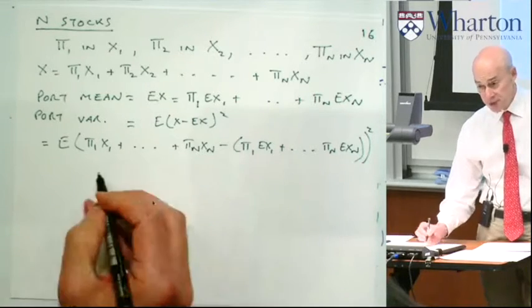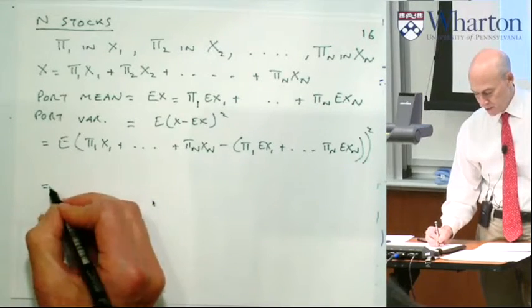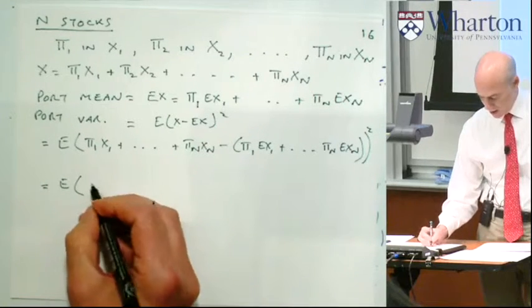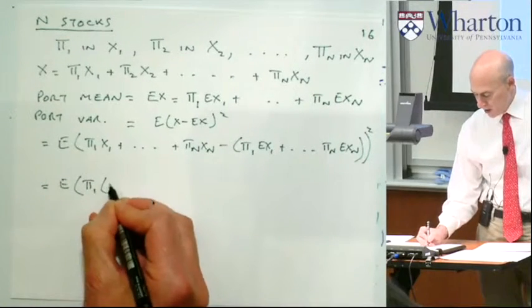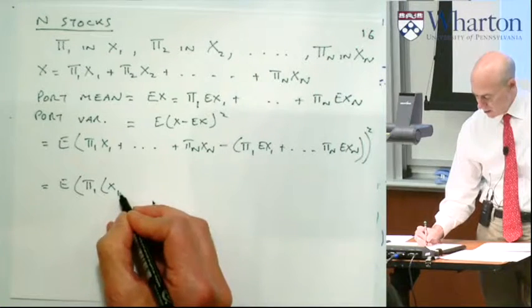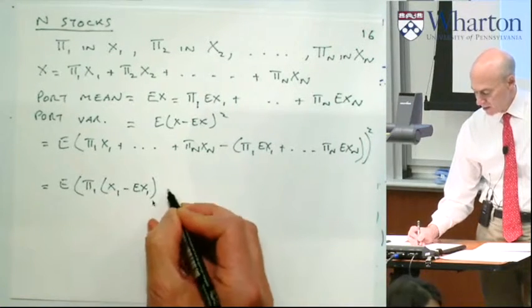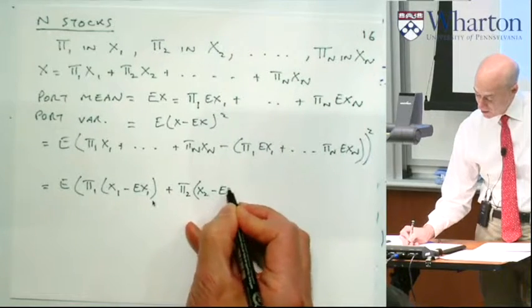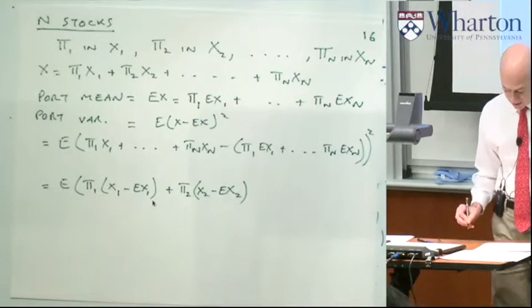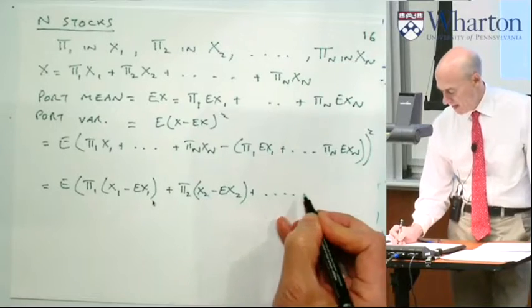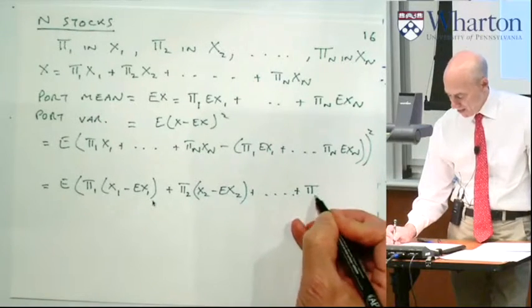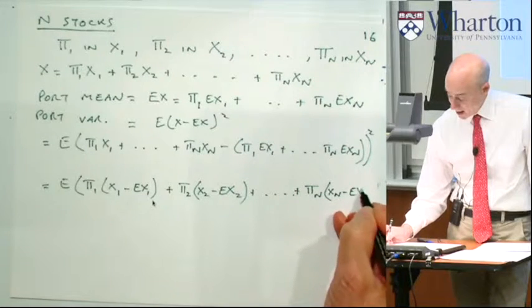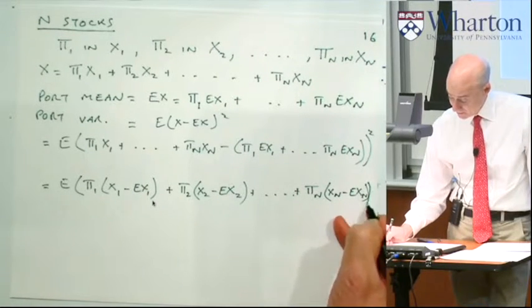So you can group the terms together just like we did before, and then we end up with E times pi1 (x1 minus EX1) plus pi2 (x2 minus EX2) and so on, up to pi n (xn minus EXn).